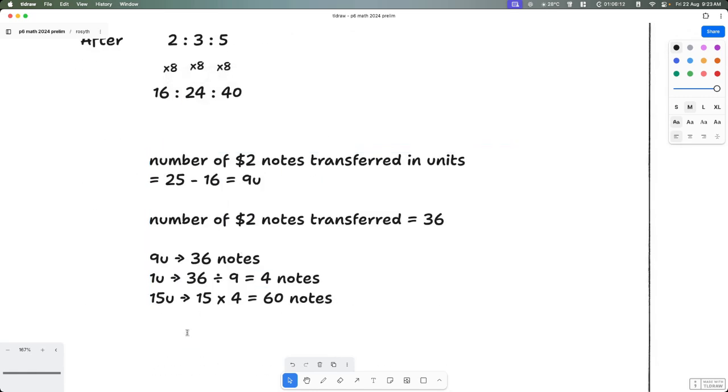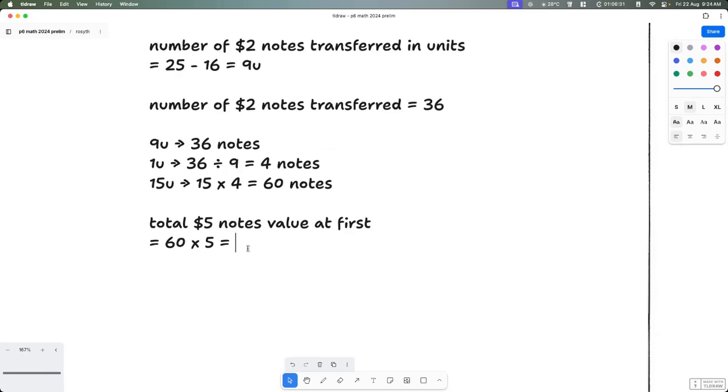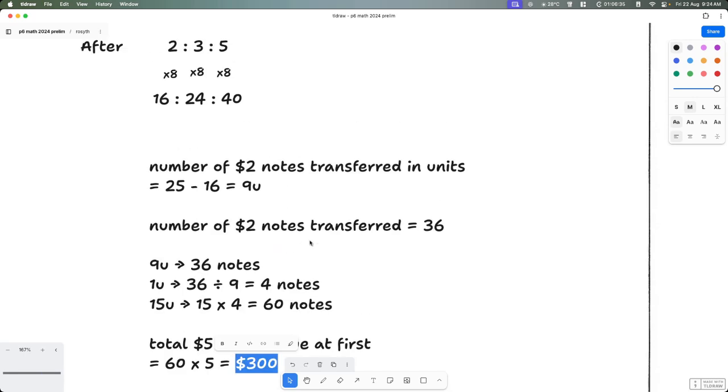So the total value of $5 notes at first is equal to 60 notes times 5, which is $300. So the answer is $300. Okay, there you go.